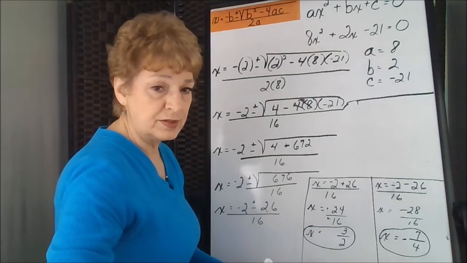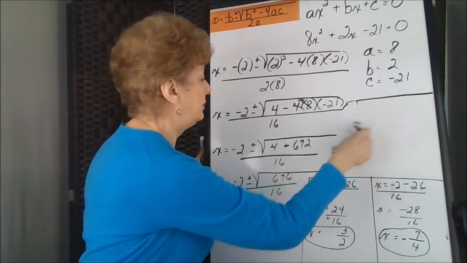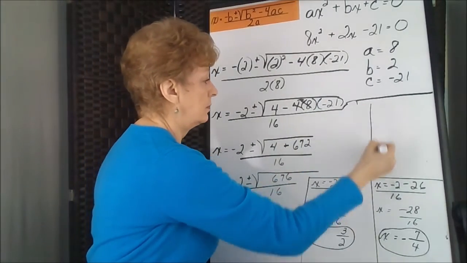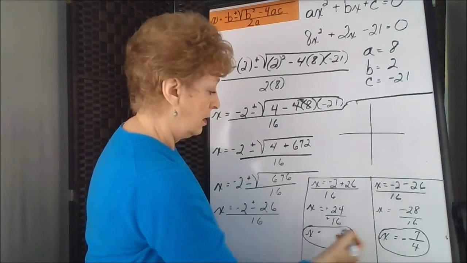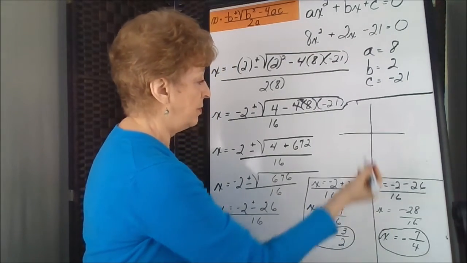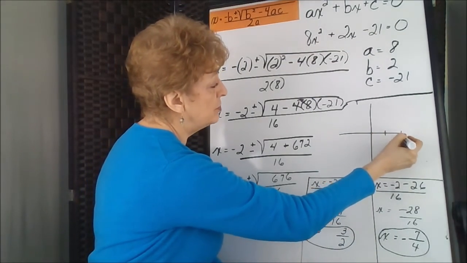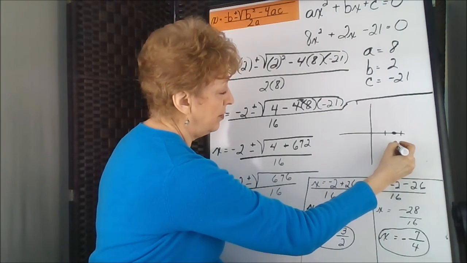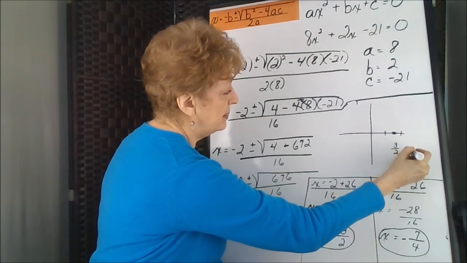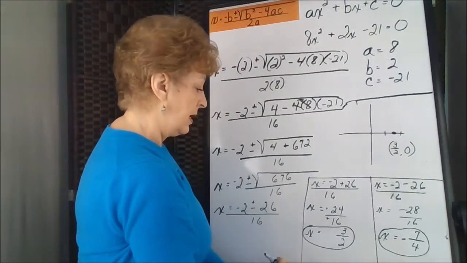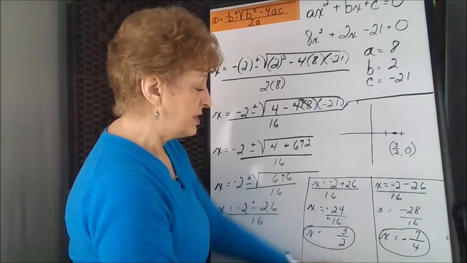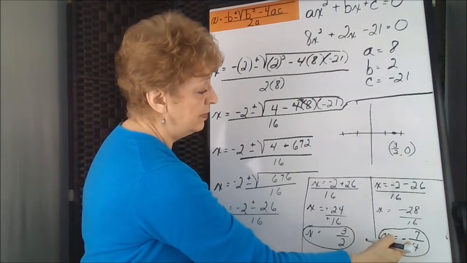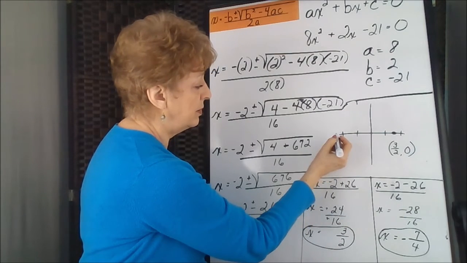If you'd like to see those actually plotted, our positive 3 halves, let's see, this would be 1, 2, so 3 halves would be approximately there. So this would be our 3 halves and 0. And our ordered pair for this one, negative 1, 2, that's approximately 3/4.